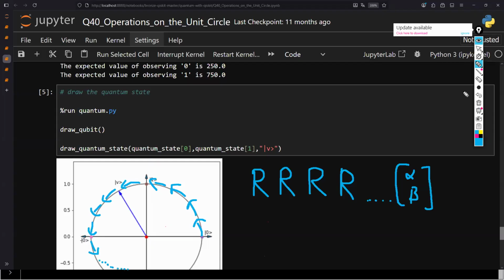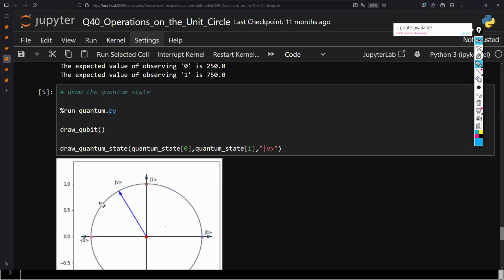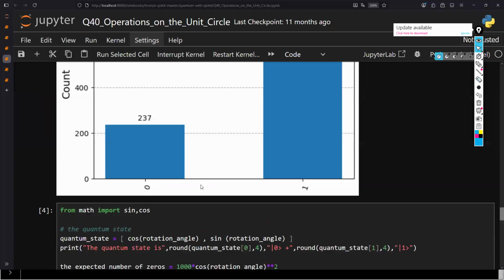So that is how you can also see the effect during experimentation with different quantum states in the simulator after you construct the circuit.